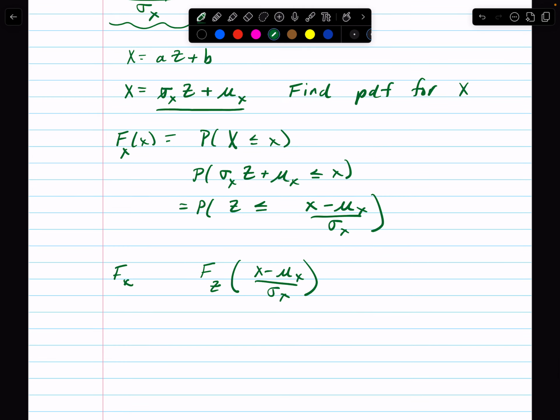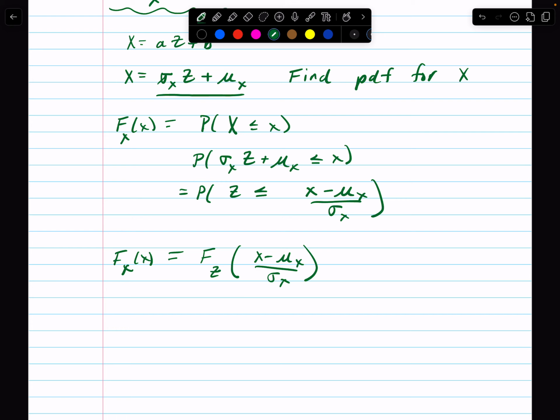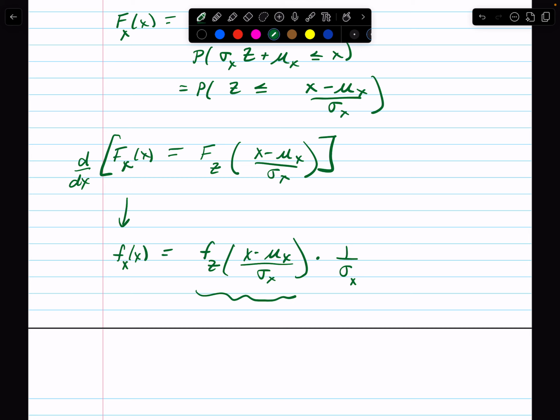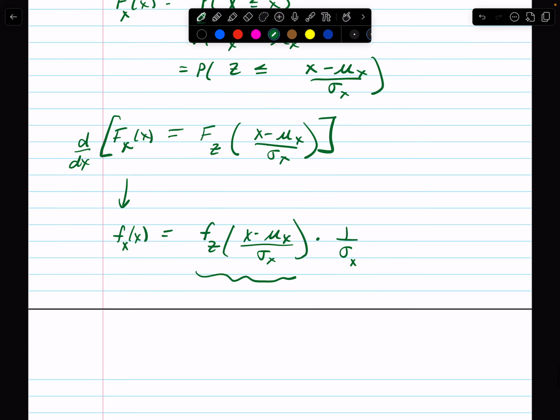So the CDF for X is equal to the CDF of Z evaluated at (x minus mu X) over sigma X. To get the PDF, we take the derivative of both sides with respect to x. That gives us what we're looking for: the PDF of X, which is the PDF of Z evaluated at (x minus mu X) over sigma X, times the derivative of the inside, which is 1 over sigma X. At this point, this is what gets plugged into our f_Z of z.